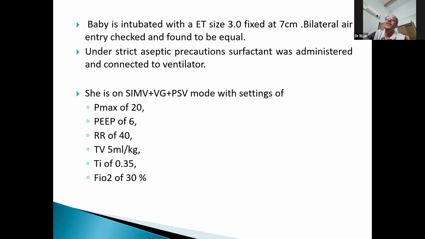The idea of keeping 5 centimeter above that working PIP is that, suppose for any reason your flow sensor is not working, if you keep the maximum PIP on the higher side, that PIP will be delivered to the baby and that will cause more harm. But in newer generation ventilators, that facility is there. They will measure the working PIP and will not give pressure more than 5 centimeter beyond that working PIP. This feature is available in VN 600, VN 800 like that.